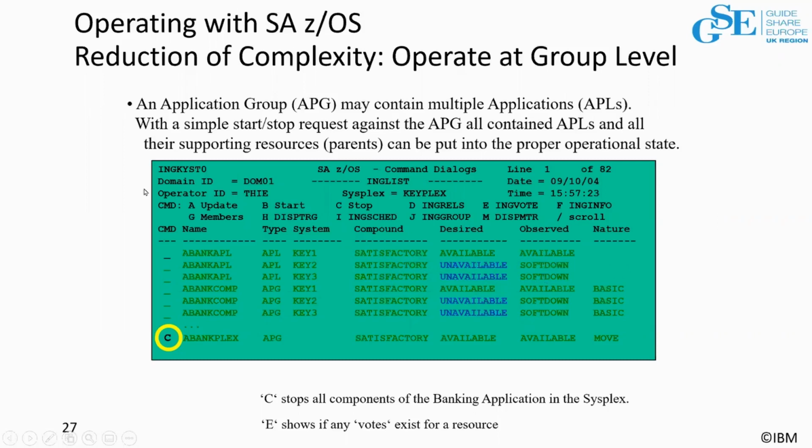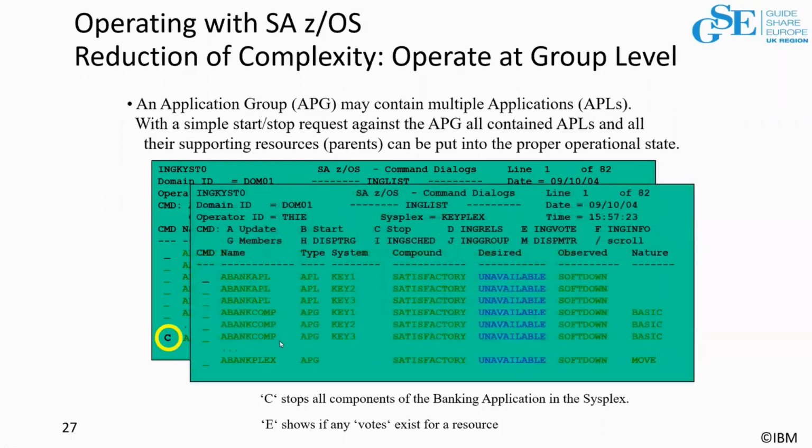And there's a command field on the left here. We can do things like put a C for close. Because this is an application group, it will stop all the resources in that group. That's the result of issuing that close.